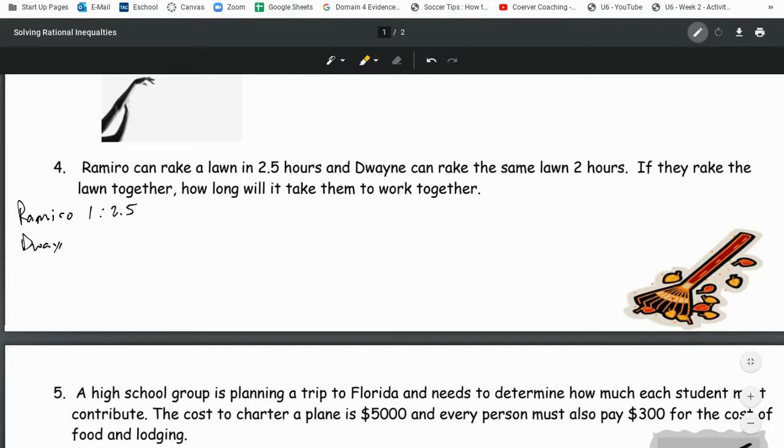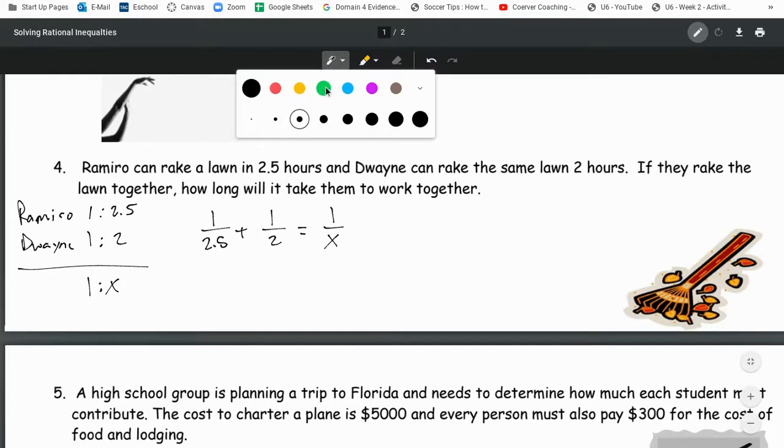Dwayne, 1 job in 2 hours. How long will it take them to work together, right? So now I can just start putting my ratio of 1 to x. So let's write our equation. 1 over 2.5 plus 1 over 2 is equal to 1 over x.